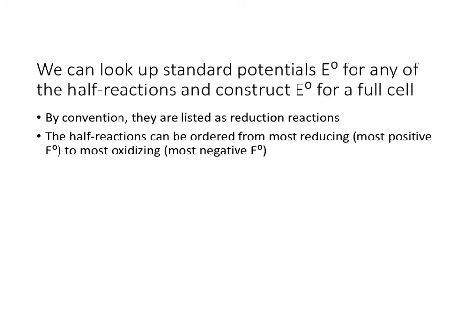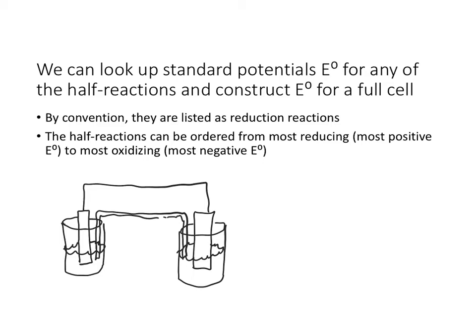Okay, now let's take a look at these standard EMFs for a number of different half reactions. I'm going to now draw a complete electrochemical cell and we'll talk about it. So each of the half reactions are going to have a different E0 listed.